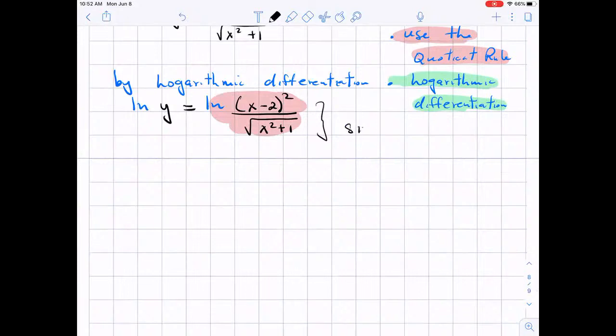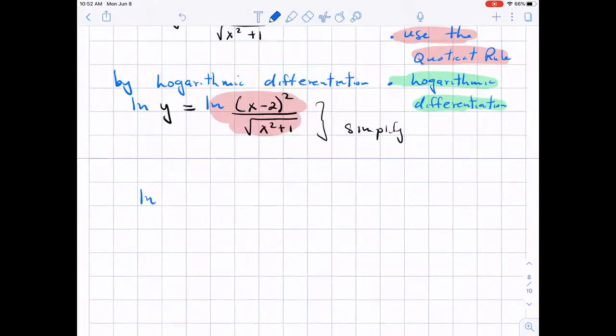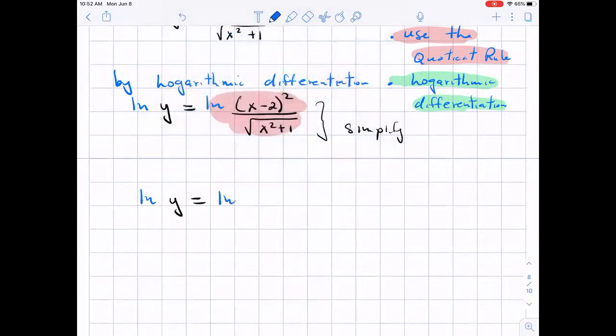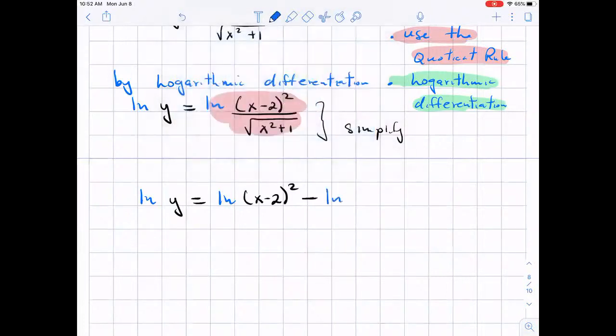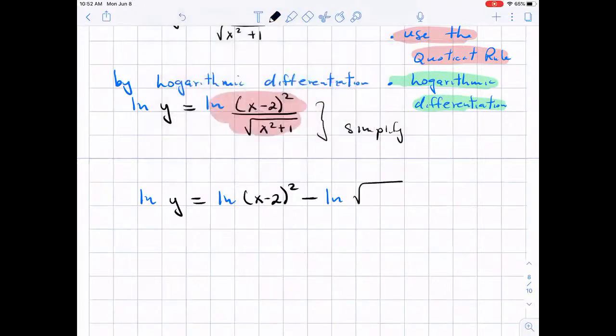Simplify this. So now we have ln of y is equal to ln of (x minus 2) squared, minus, because division, ln of the square root of x squared plus 1.